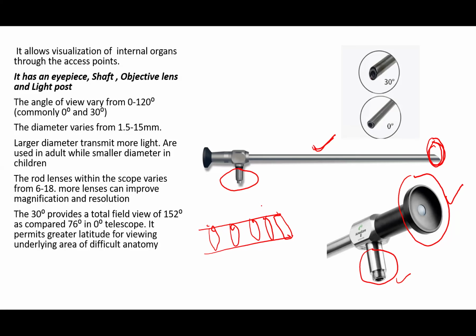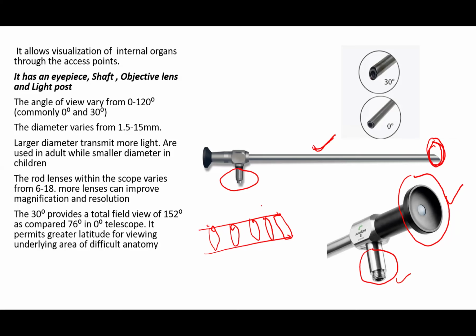You should also note that the 30 degrees provides a total field view of 152 degrees as compared to 76 degrees in a 0-degree telescope. So it permits greater latitude for viewing underlying areas of difficult anatomy.